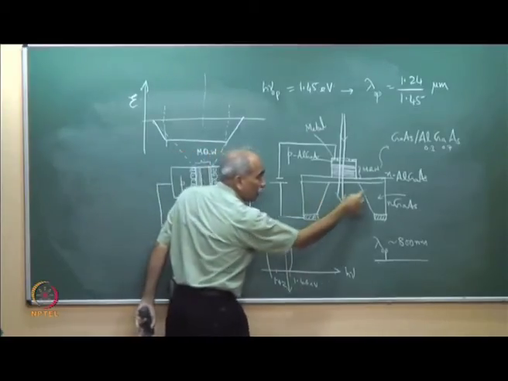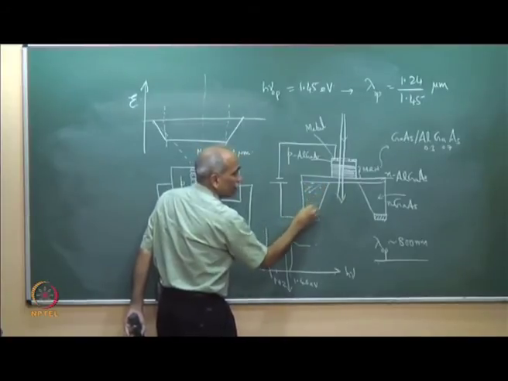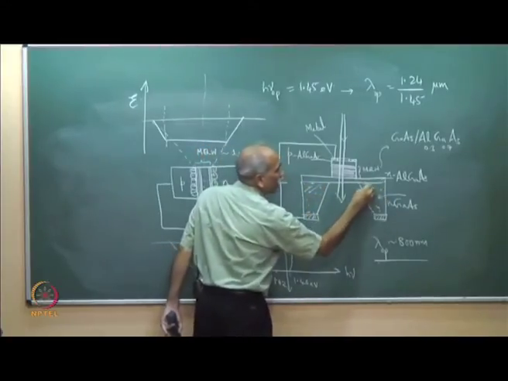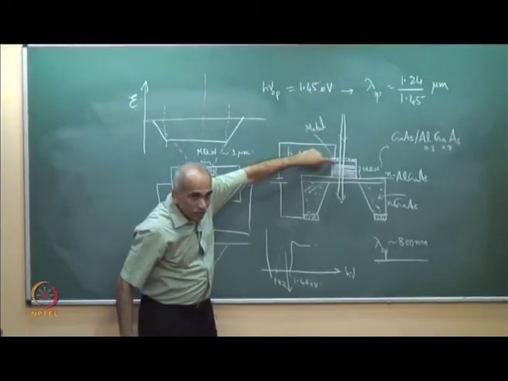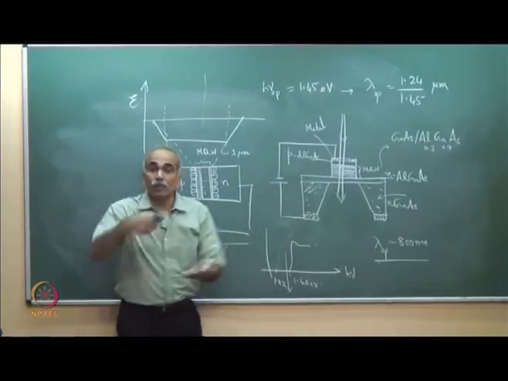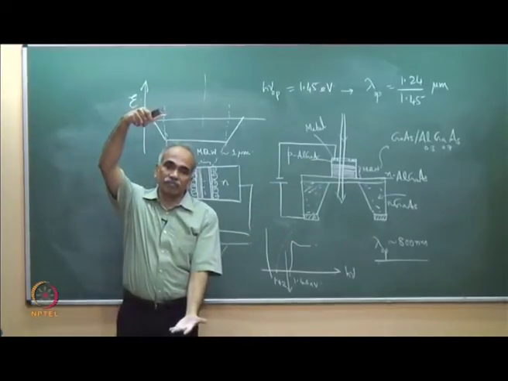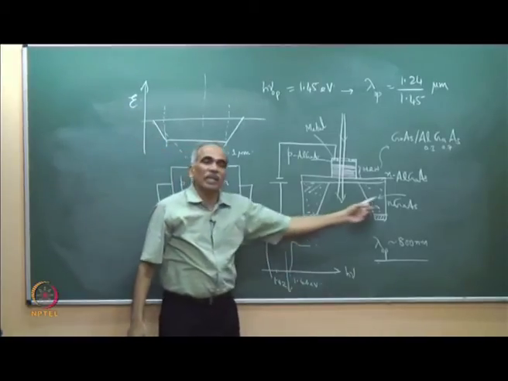To avoid absorption by these gallium arsenide regions, it has been etched off. Whereas the regions here are aluminum gallium arsenide, they do not absorb because they have a larger band gap. Aluminum gallium arsenide has a larger band gap compared to gallium arsenide.